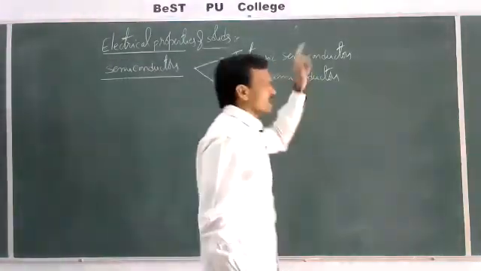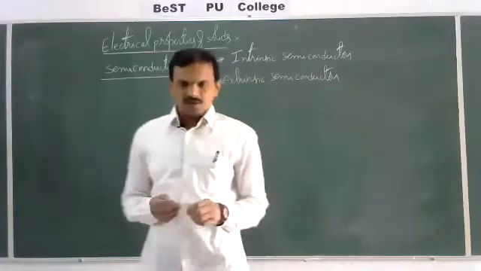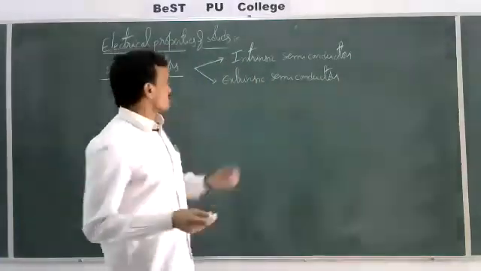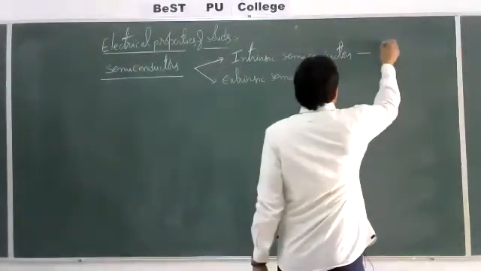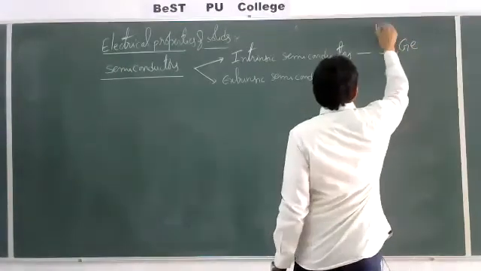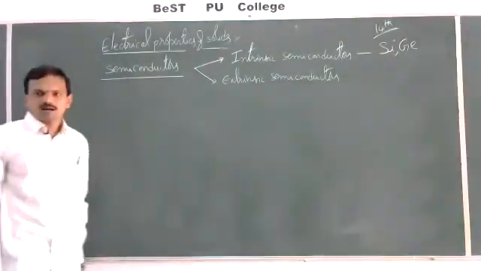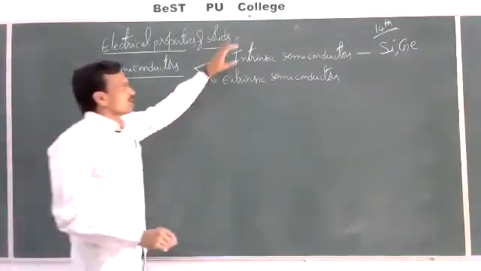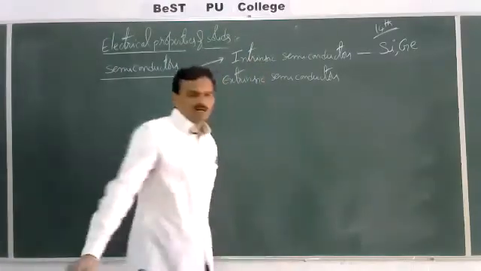What are intrinsic semiconductors? The semiconductivity due to a pure substance is known as intrinsic semiconductivity. Substances like silicon and germanium, nothing but 14th group elements, can exhibit intrinsic semiconductivity. Then what are extrinsic semiconductors?